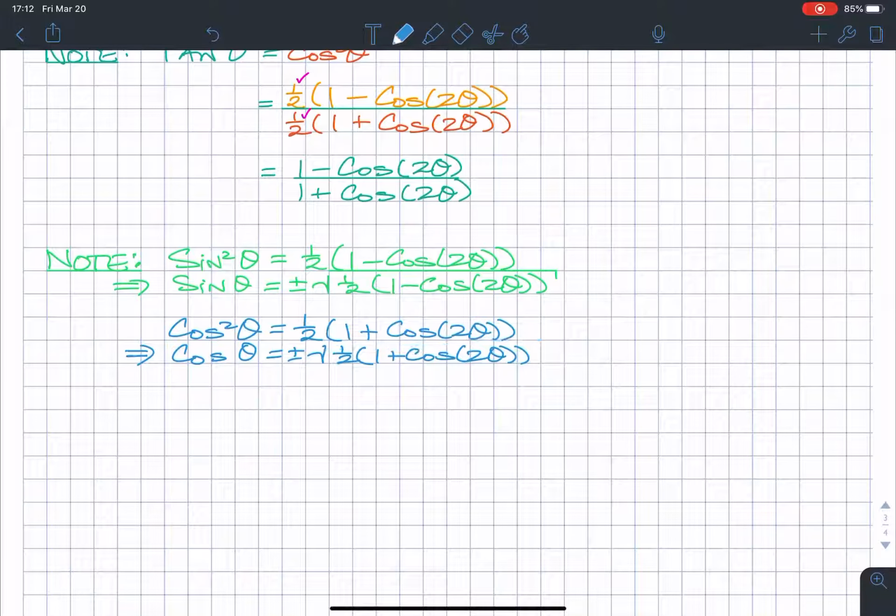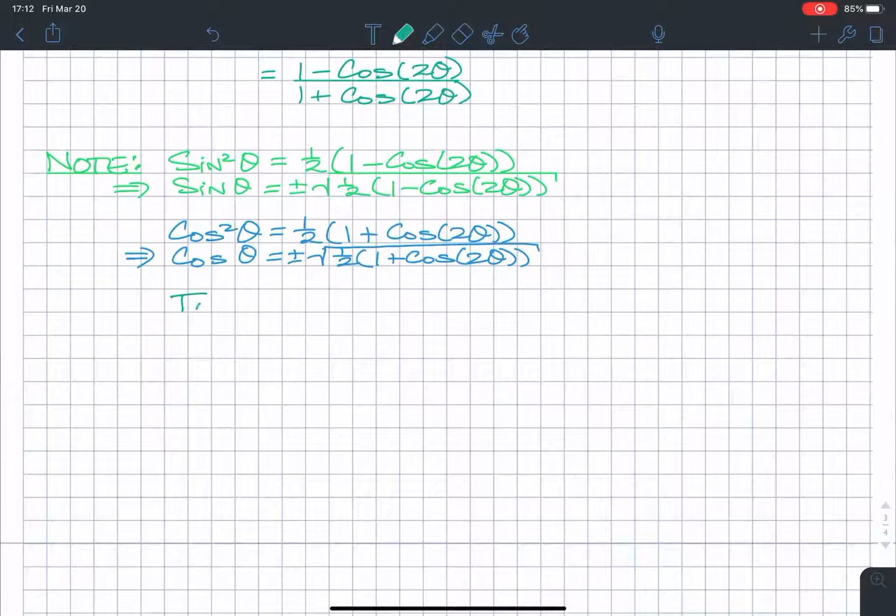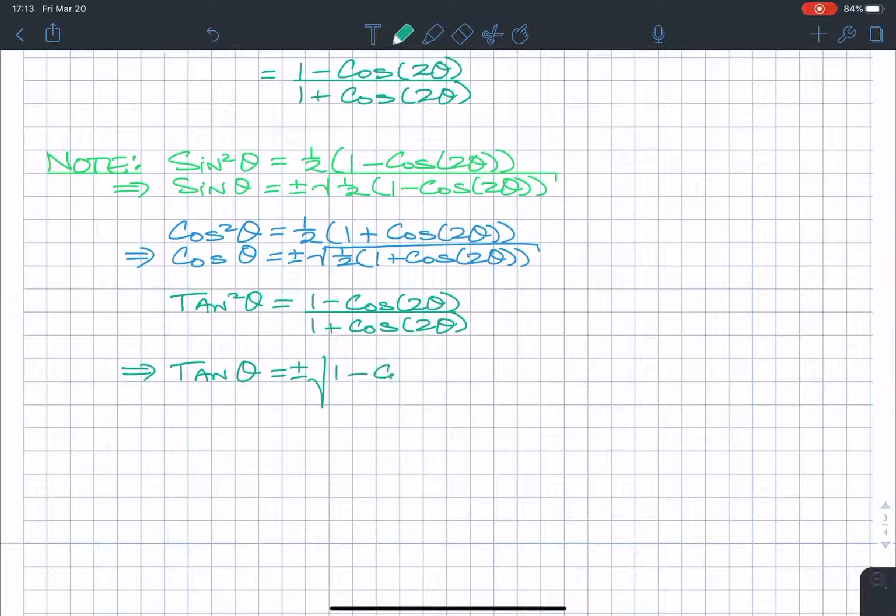Oh boy, square roots just don't want to work for me. Okay, finally we had that tangent squared theta was the quotient 1 minus cosine 2 theta over 1 plus cosine 2 theta. Hence, tangent of theta is plus or minus the square root of 1 minus cosine 2 theta divided by 1 plus cosine 2 theta.